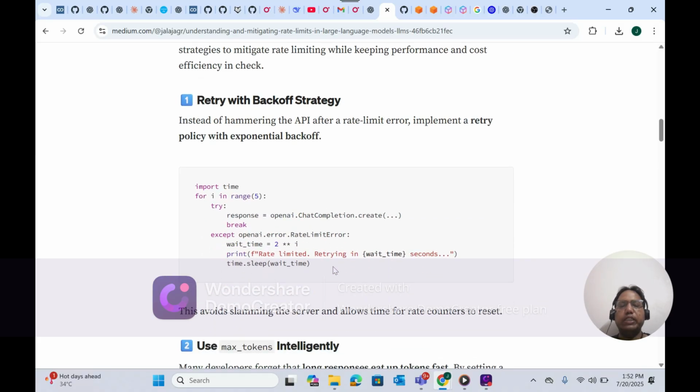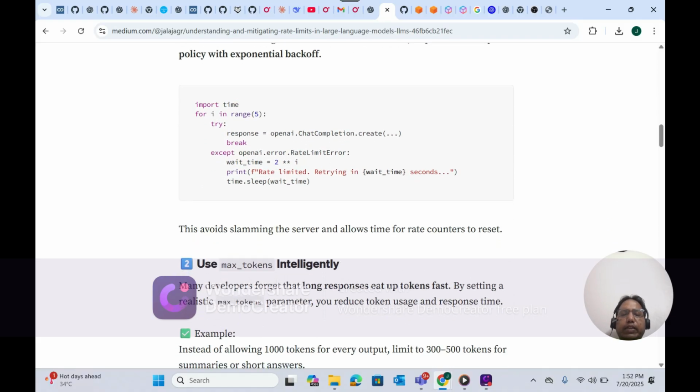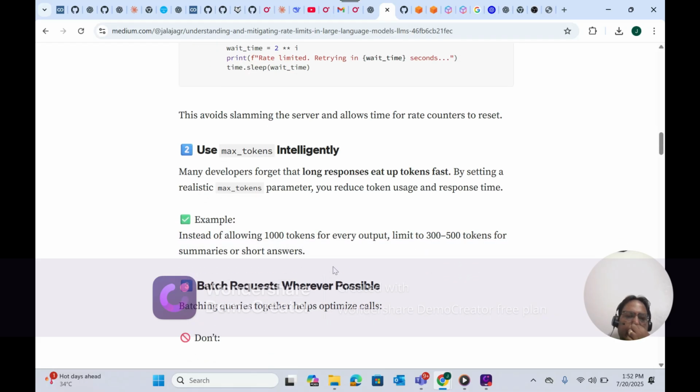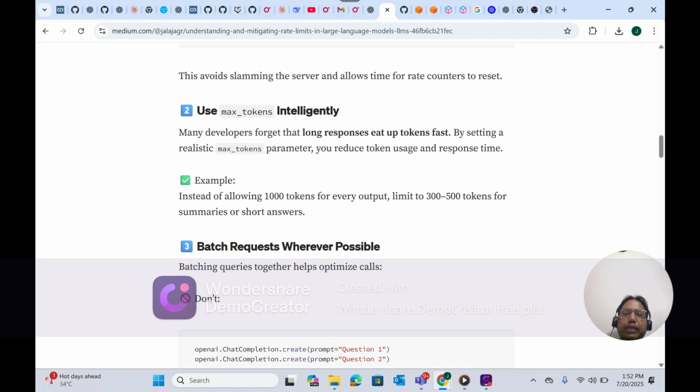So that is the first strategy. The second is a very easy strategy: we can set max tokens in the LLM. When making an LLM call, there is a parameter called max tokens. If we set it to something like 300, 50 or 100, we will get output only up to that number of tokens. That is also a very good strategy.